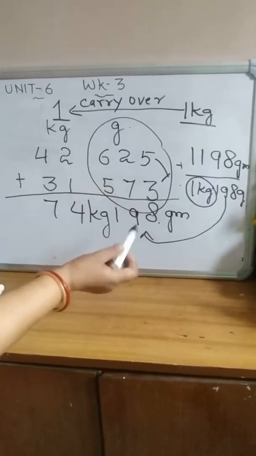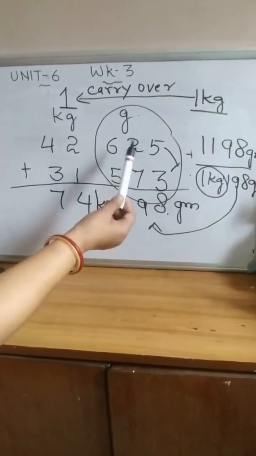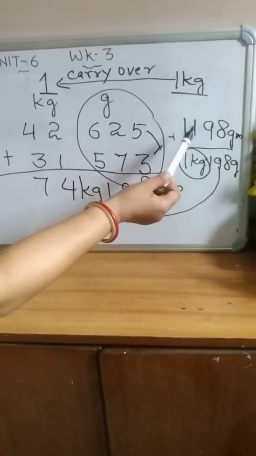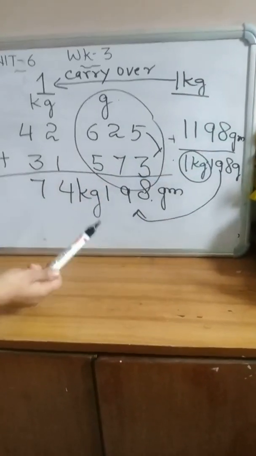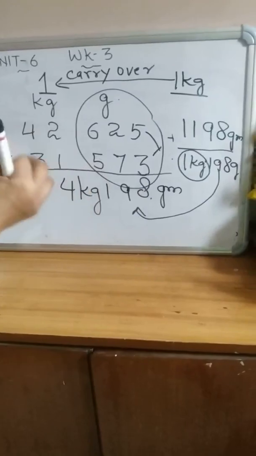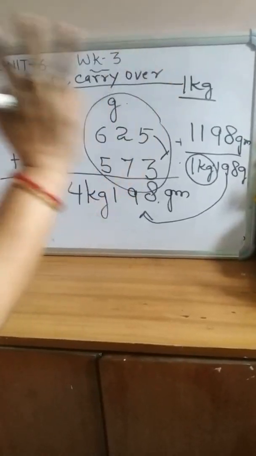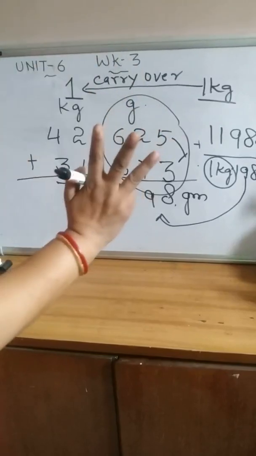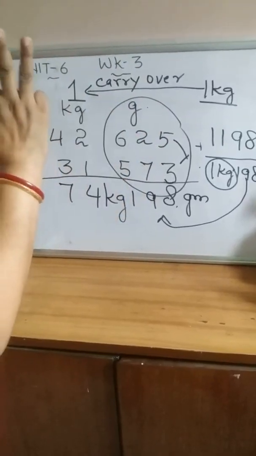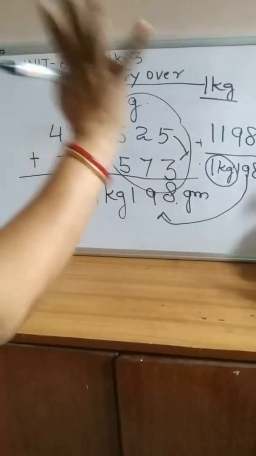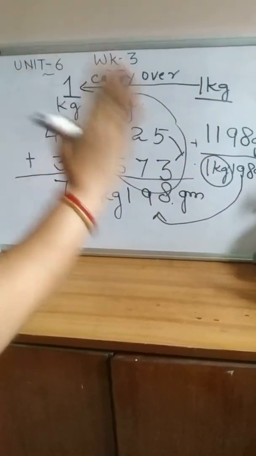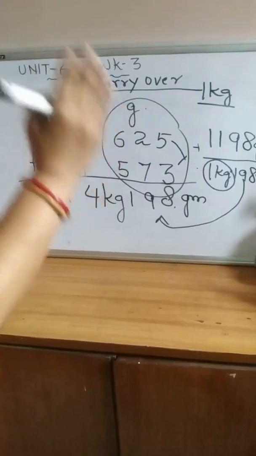198 gram. So here you see that we first add the gram column, correct? In the gram column we get 1198. In the gram column we can write only up to 3 digits, that is 999. As there are 4 digits in the gram column, it means the grams have kilogram also in it.